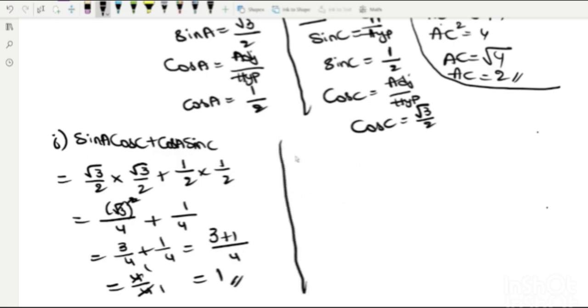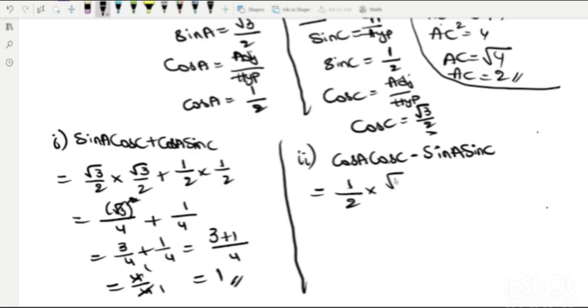Now the second one, which is cos A cos C minus sin A sin C. The value of cos A is 1 by 2 and the value of cos C is root 3 by 2, minus the value of sin A, which is root 3 by 2, into sin C, which is 1 by 2.